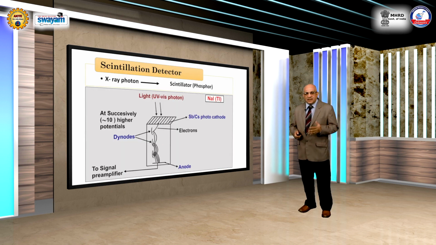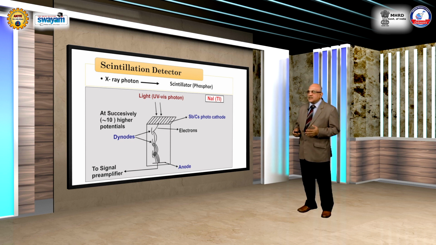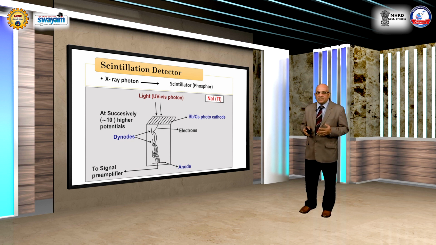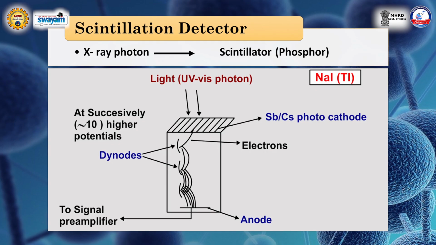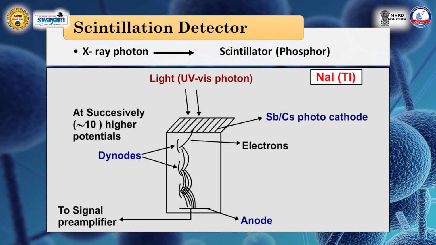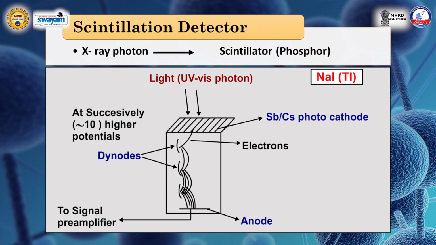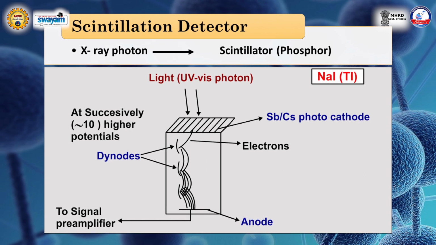Typically the most commonly used detector is the scintillation detector. The scintillation detector uses a phosphor or a scintillator. When X-ray photons fall on this phosphor, it creates photons from X-rays, and these photons fall on a photocathode, which generates electrons.